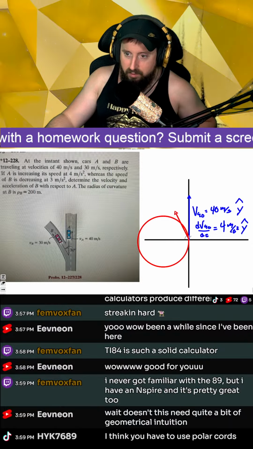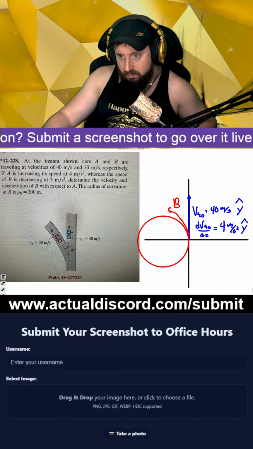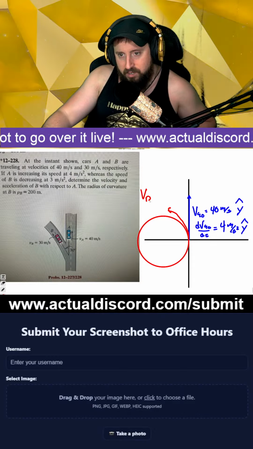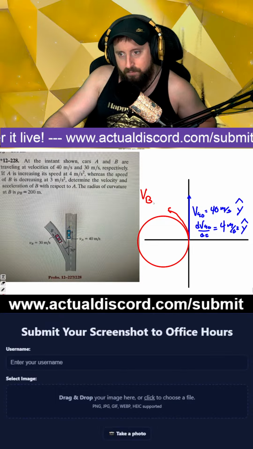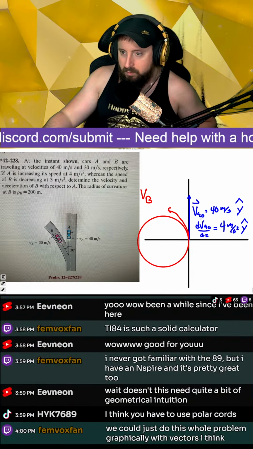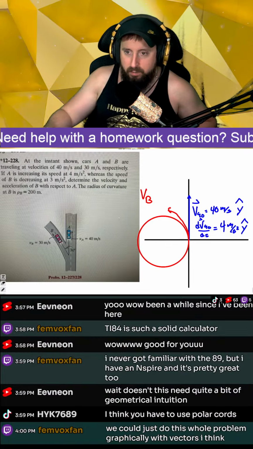So this right here is B, which the velocity of B, or VB naught, and sorry, these are vectors. I should have written these are vectors, right? Yeah, I'm going to try and do it graphically with vectors.